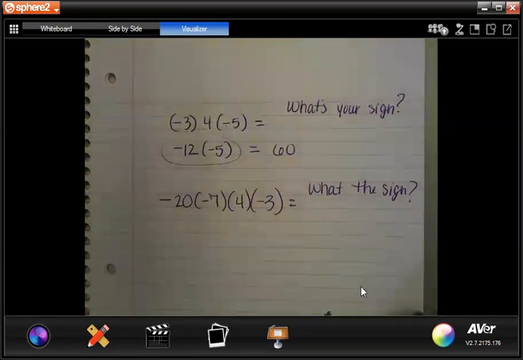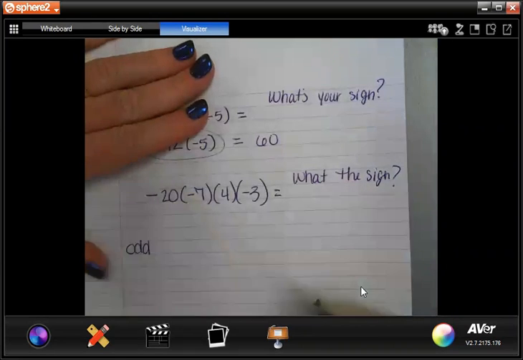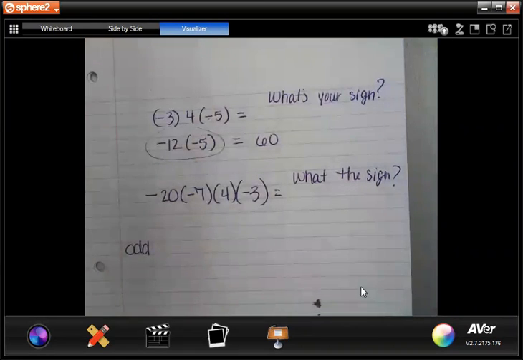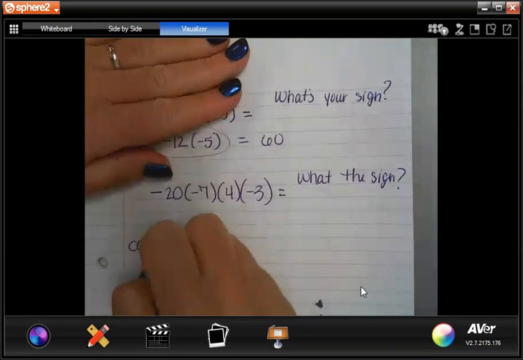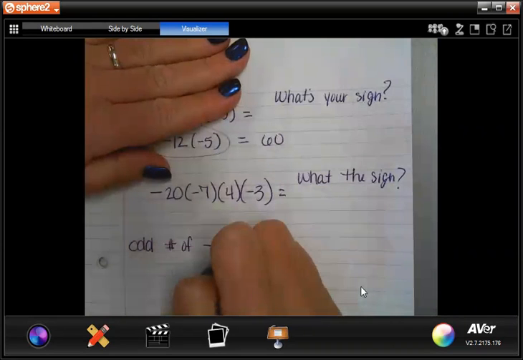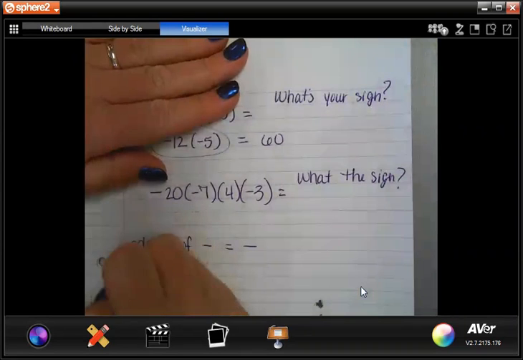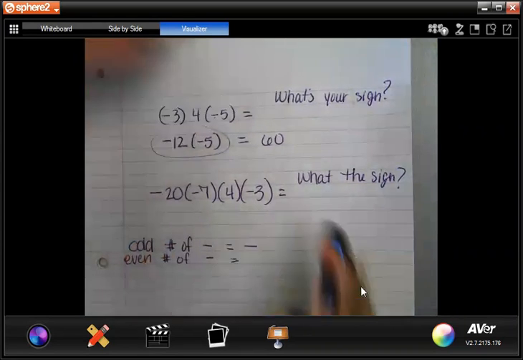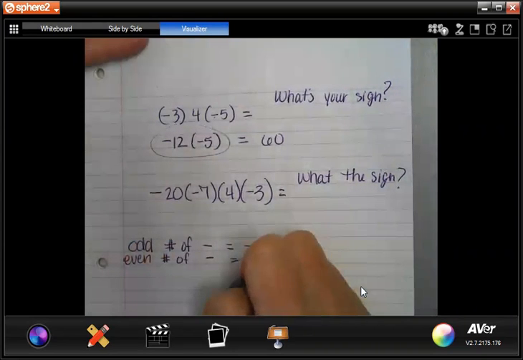Like I just said, odd means 1, 3, 5, 7, those are odd numbers. When you have an odd number of negatives, your product or quotient will be negative. When you have an even number of negatives, they basically jump together like atoms and cancel each other out, so you get a positive result.